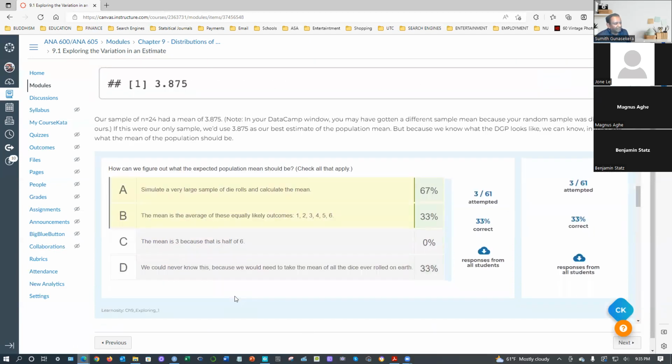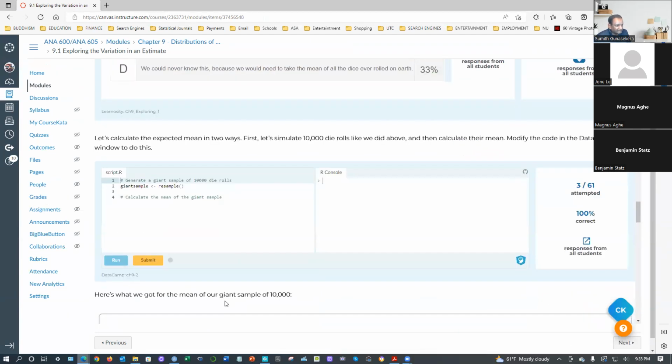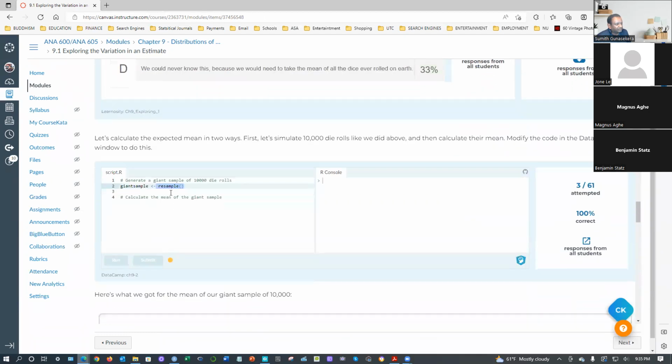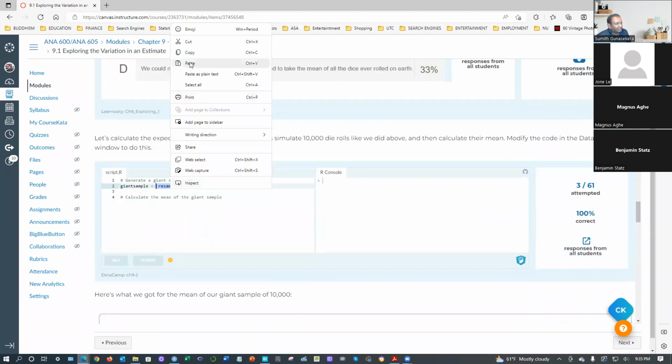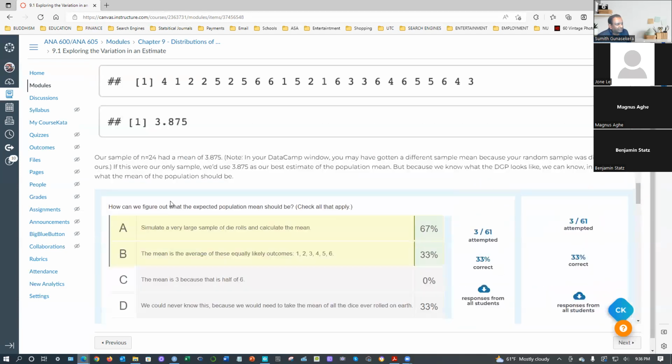Can you get the population mean as well? Yes. Now we go to the giant sample, 10,000, and the mean of that one.